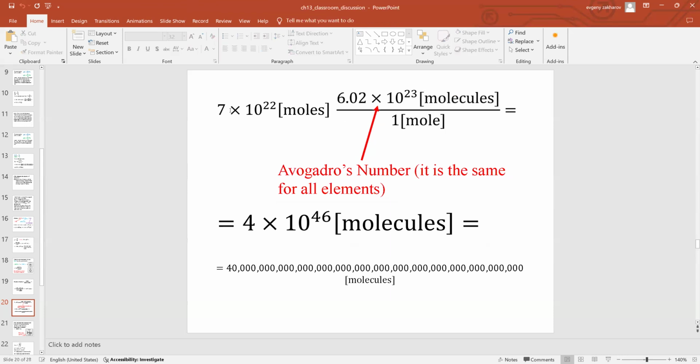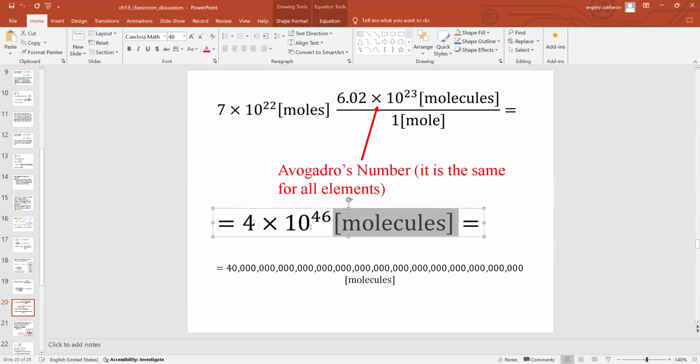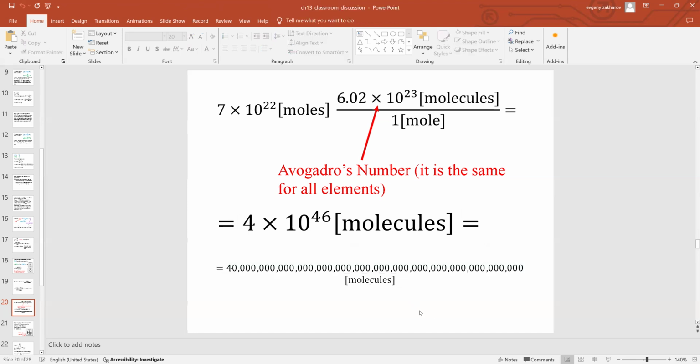So you multiply the total number of moles times the molecules per 1 mole, and you're left with a crazy 10 to the power of 46 molecules. That means 4 and 46 zeros after that. That's the number of molecules of water that we have here on Earth.